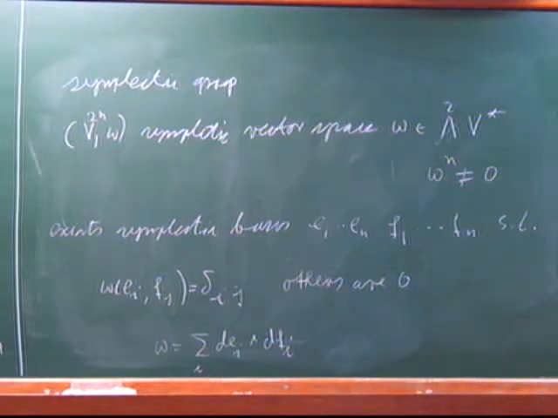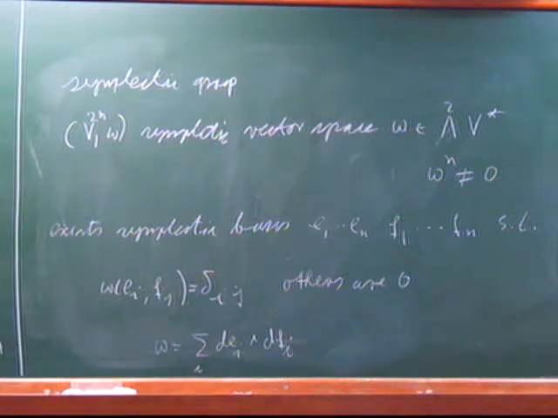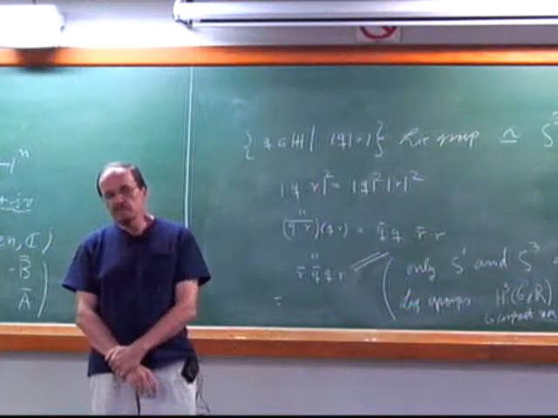Have you seen that? How do you construct such a symplectic basis? How do you construct that? Quickly, the idea. You take E1. It's non-degenerate, so take one of them.